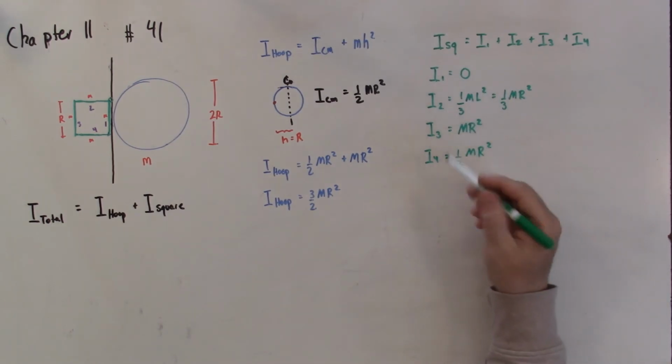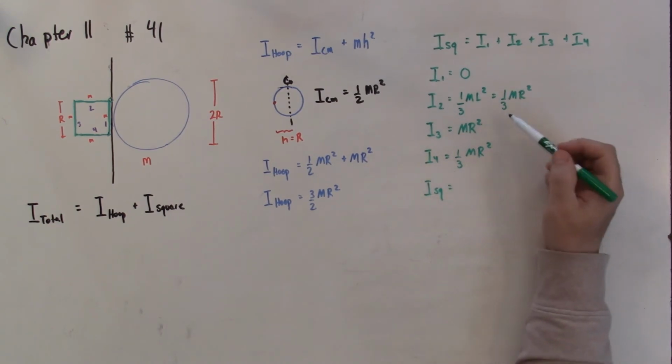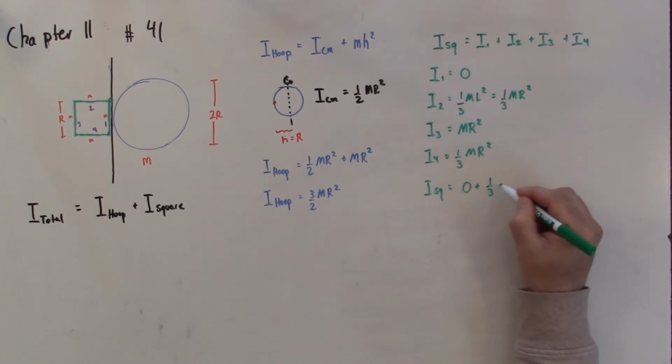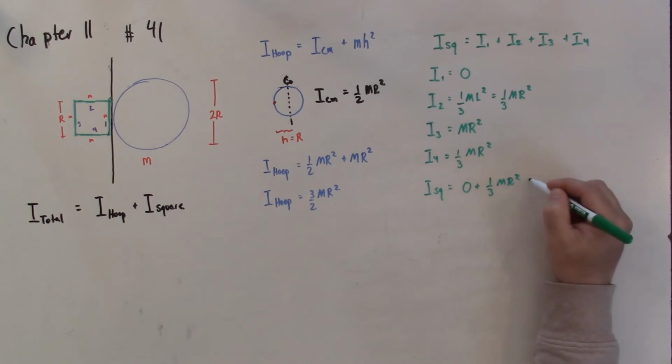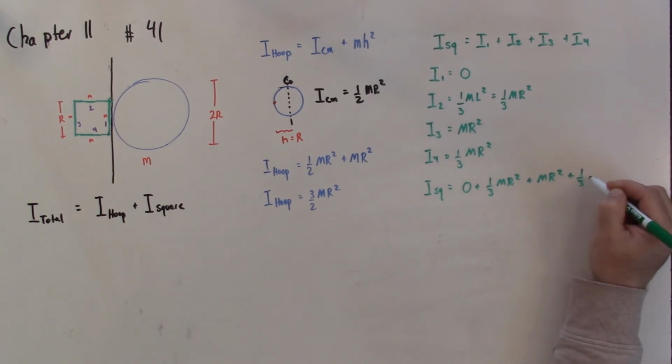And so if I want to get the total for the square, I'm going to add them up. I have 0 plus 1/3 mr squared plus mr squared plus another third.